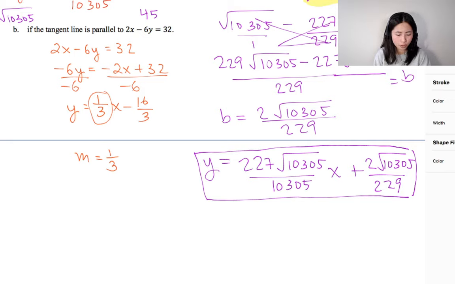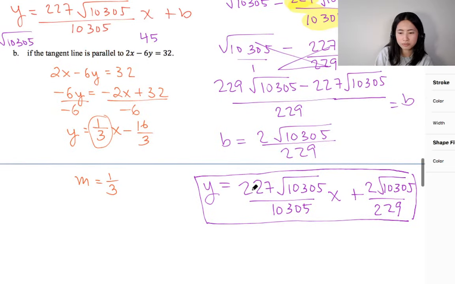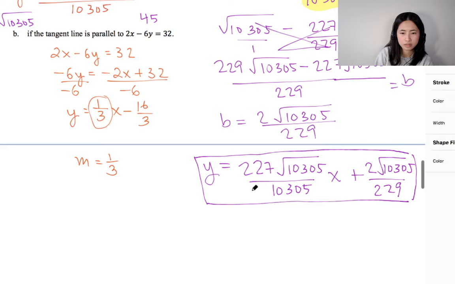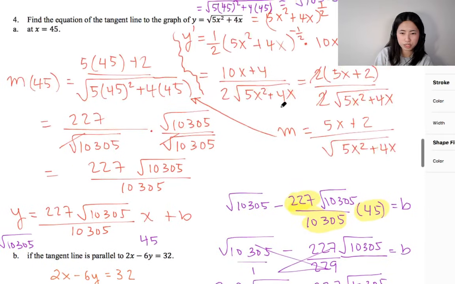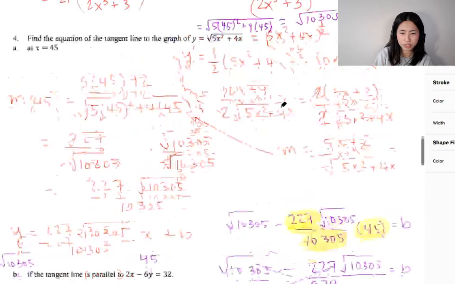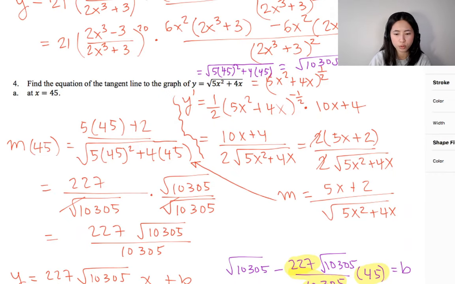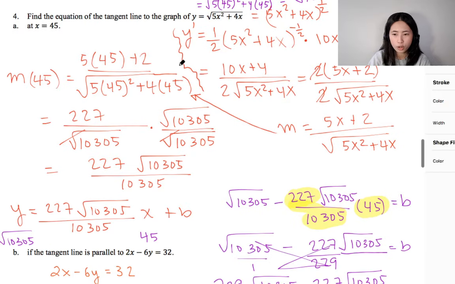over there, and remember the equation that we wrote for the slope, right? So going back to part A, because these two questions are pretty much related, we said that the slope had this equation, right? Let's highlight that in orange.